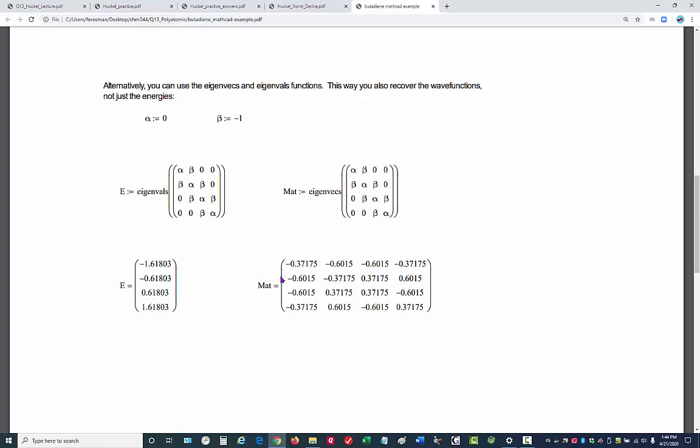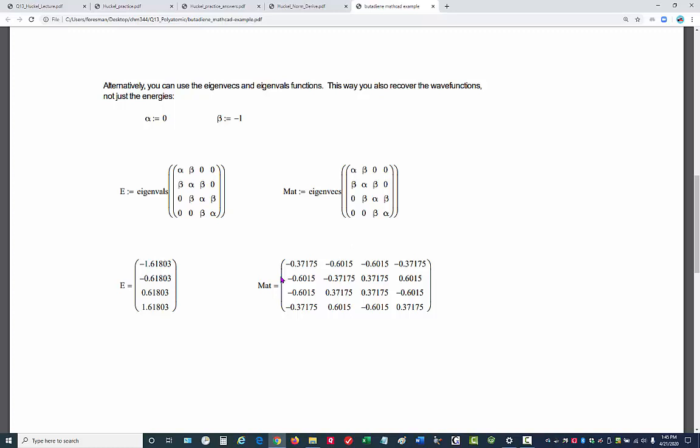You just have to pay a little bit of attention here to how they map up. You can see here this first column, all the signs are the same, and so that goes with the lowest energy, which is negative 1.61.